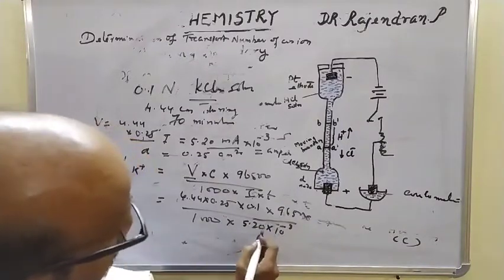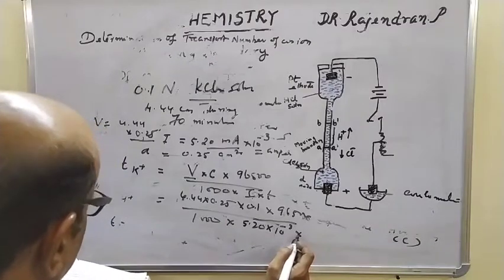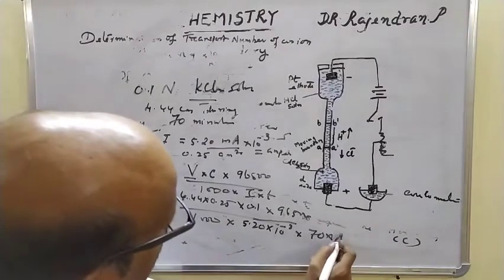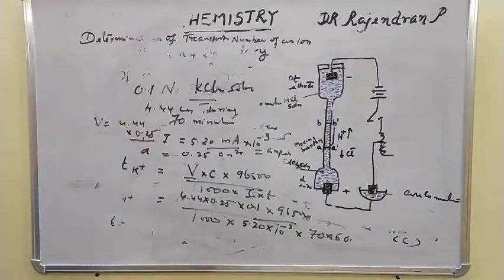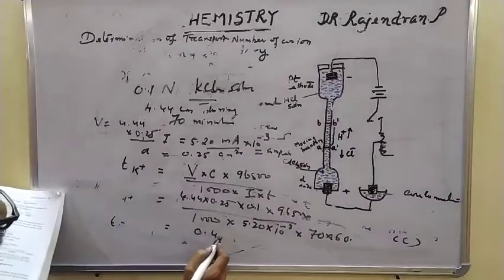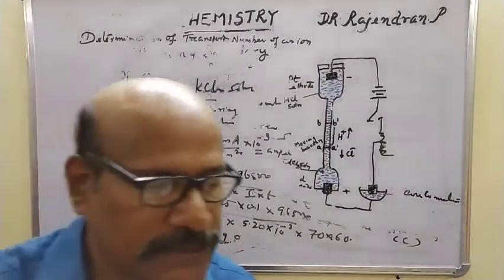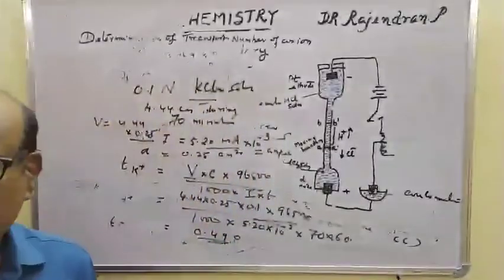The time, 70 minutes, is multiplied by 60 to convert to seconds; time should always be taken in seconds. When you multiply and simplify, you get about 0.449. So the transport number is always a fractional quantity.